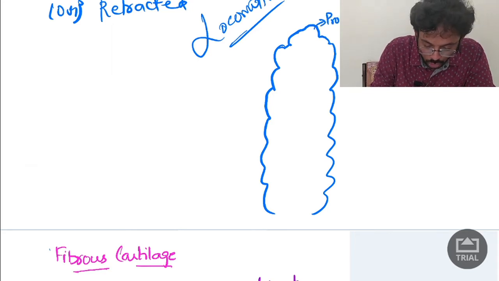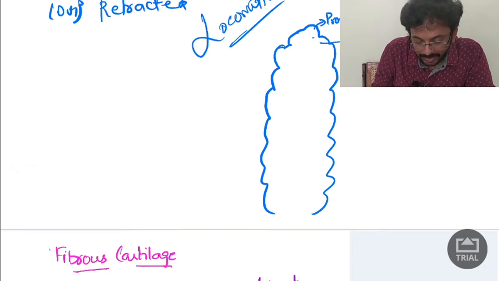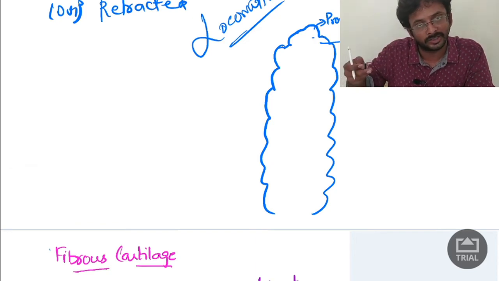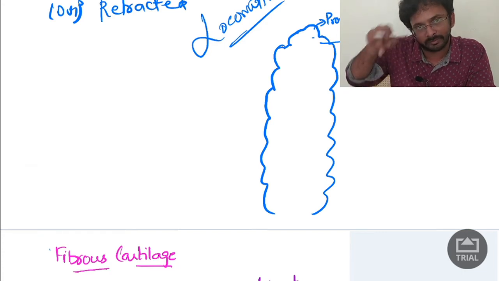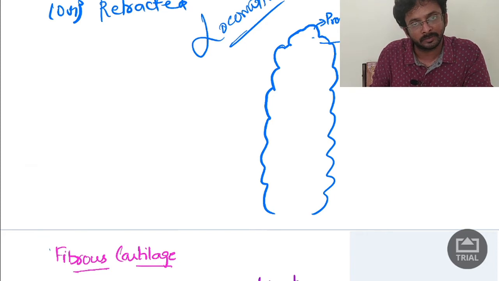The first segment is called peristomium. First is prostomium, which covers the mouth, the anterior end of the earthworm. The first segment is peristomium.